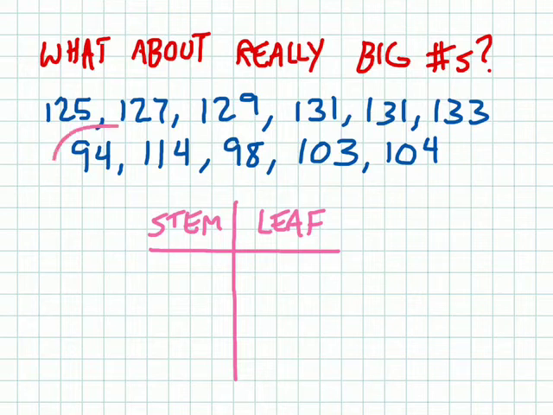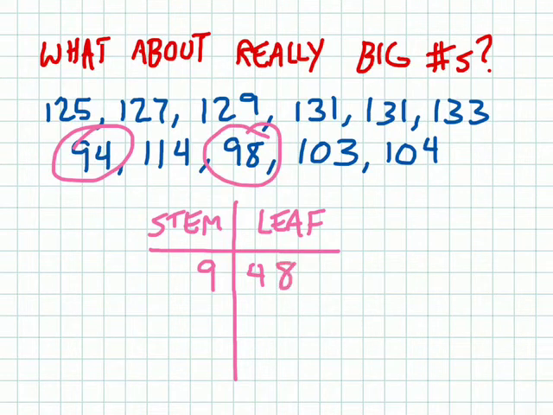My lowest number is 94, so I'll split that in two pieces. I'll put a 9 in the stem, a 4 in the leaf. Here's a 98, same thing, 9 in the stem, already there, 8 in the leaf. Now we get into these higher numbers. My next highest number is 103. I'm still going to split that into two pieces, but I'm just going to keep counting up with the stem.